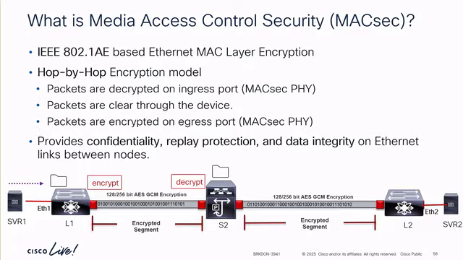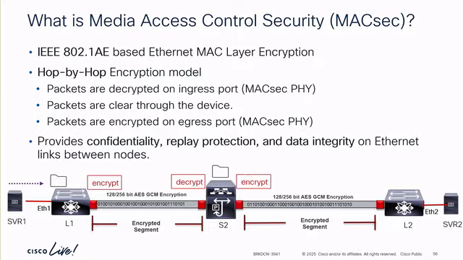Spine 2 will decrypt it on ingress, and as it transits through spine 2, notice it's in the clear. What does that tell you? Oh, it's in clear. Maybe I can do some processing, set QoS, classify it. I can maybe do some deep packet inspection. It's not encrypted anymore, okay?